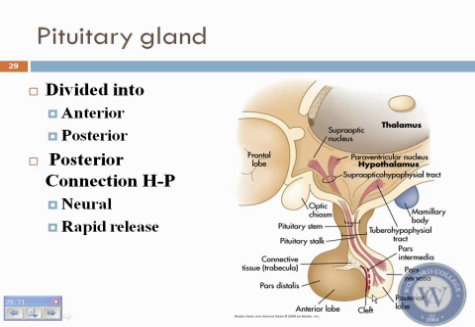And the secondary mechanism of control is in the actual anterior and posterior gland. Okay? The anterior pituitary, though, is actually regulated by chemical mediators that are released from the hypothalamus, and then they drift down via blood supply to eventually affect the anterior lobe.